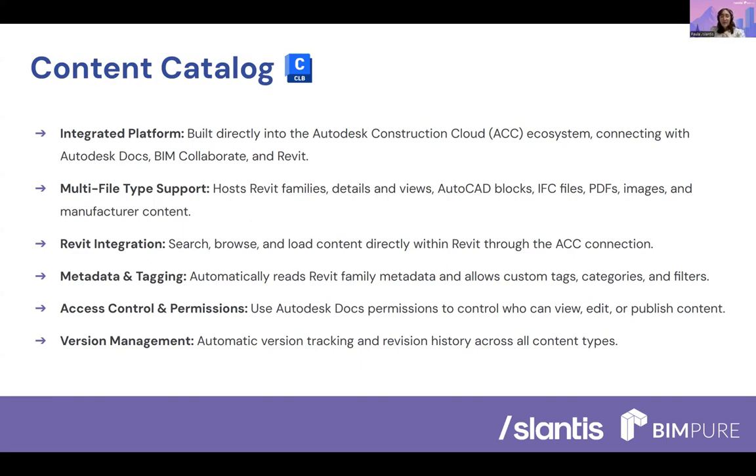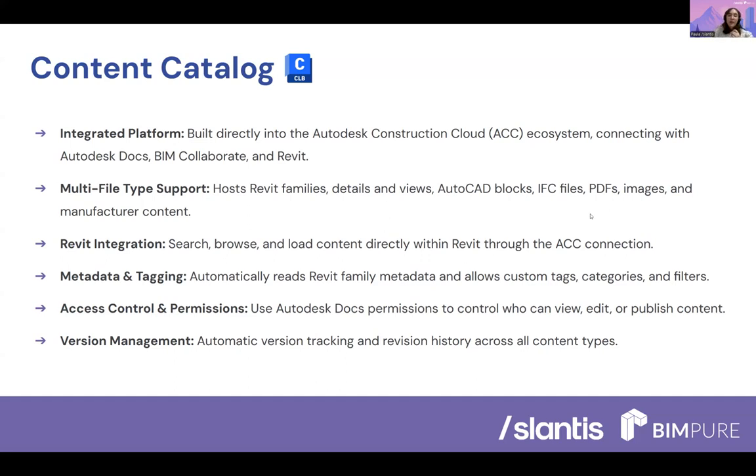It automatically reads Revit family metadata, so it allows custom tags, categories, filters. You can also set permissions to see who is approving the content. You can promote some content to be added to Content Catalog, and a specific type of access lets you pass it through or not.